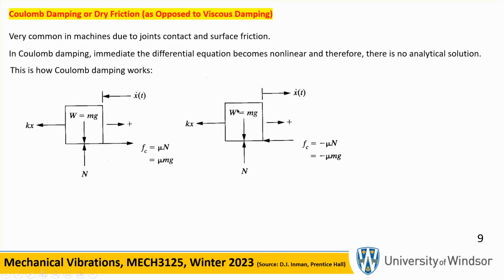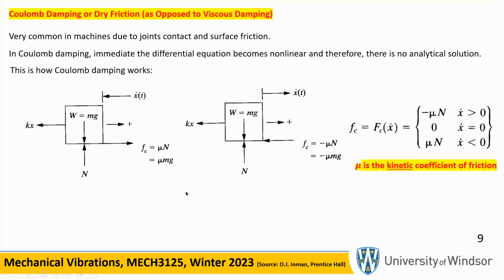So if the block is moving to the right, the friction force is pointing to the left. On the other hand, if the block is moving to the left, the friction force is opposing it to the right. Notice that in both cases, the spring force is pointing in the same direction.